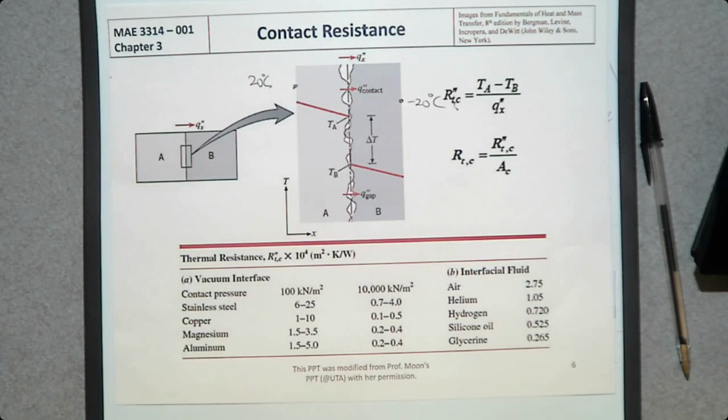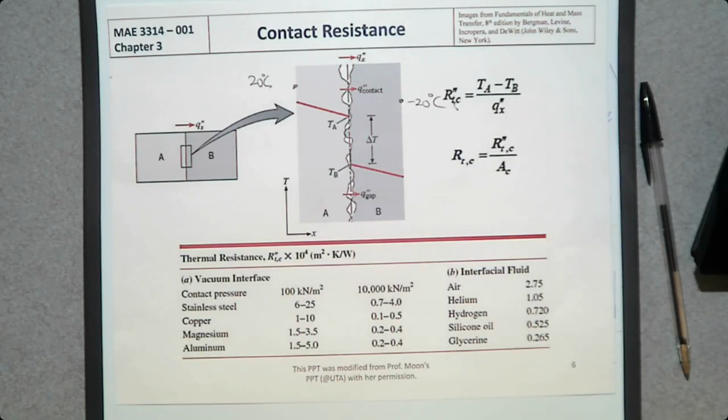Then, how can we use this contact resistance in your exam? If you need to use this contact resistance, I'm going to write in the problem statement, this is the contact resistance, so please take this one into account. If I don't say such a thing, you can assume that you can neglect contact resistance and solve the problem.